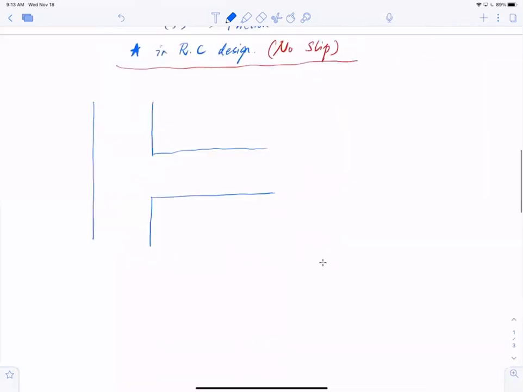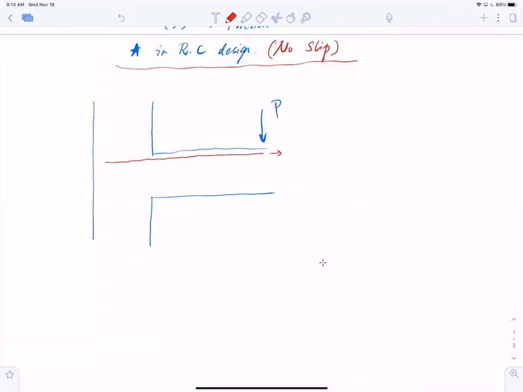Now assume I have a pushing down force, a bending moment caused in the negative direction that pulls the bars in the beam in tension. So this is the bar in the beam in tension, and let's assume the bar is straight. Basically I'm pulling the bar this way.